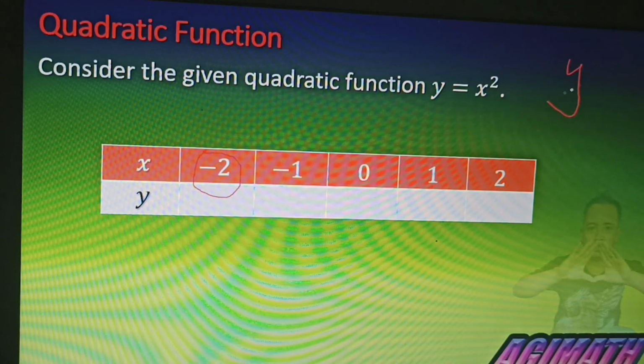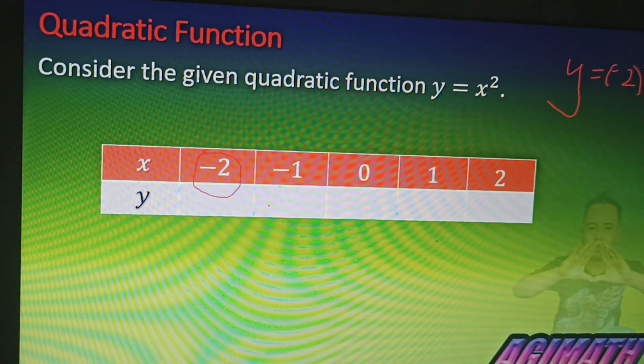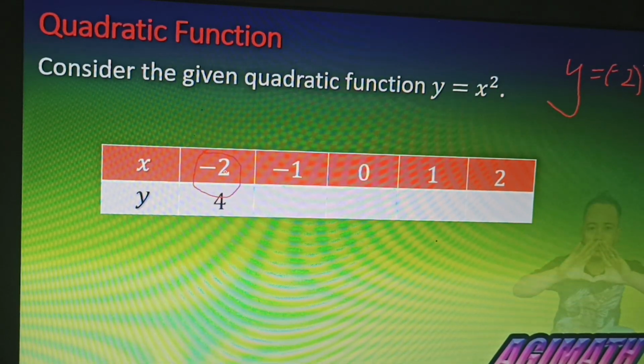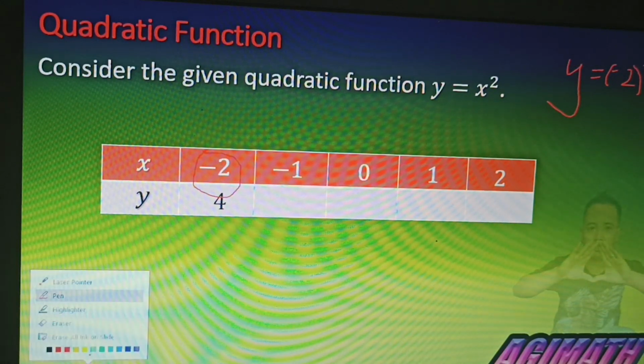So you will have y equals, your x is negative 2, so you will have negative 2 squared. And what is negative 2 squared? It means negative 2 times negative 2, meaning if x equals negative 2, y is equal to 4.